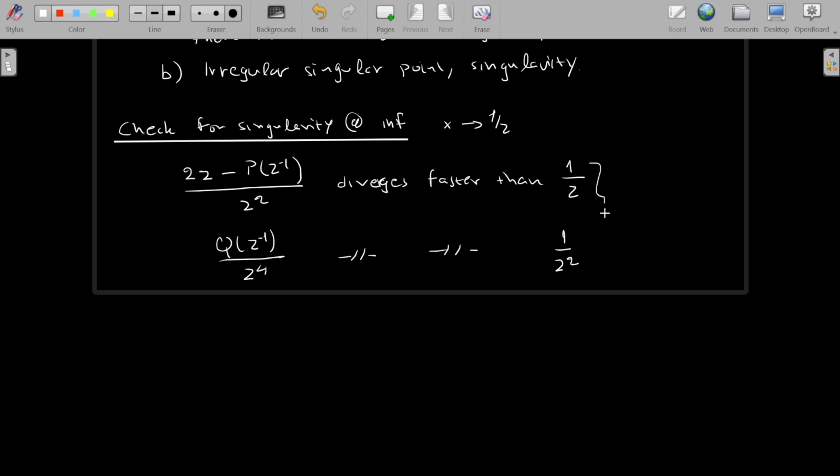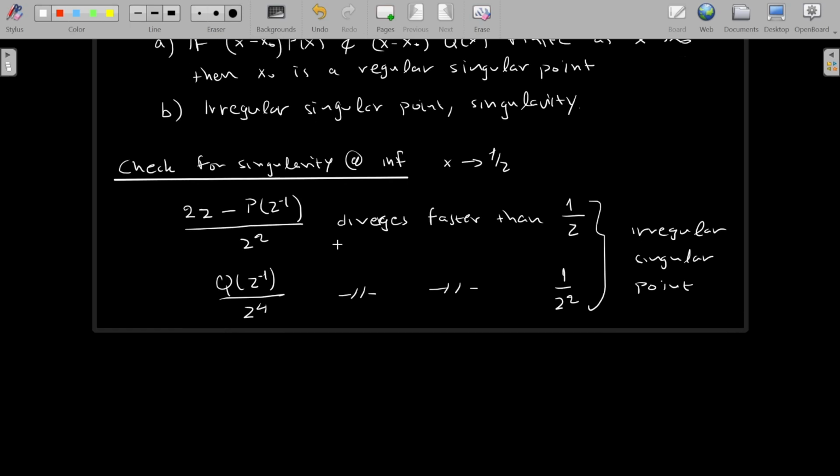If either of these two is true, then infinity is an irregular singular point. Otherwise, it is not. Okay. Now, there is a point for doing all of this, and we'll get to it.